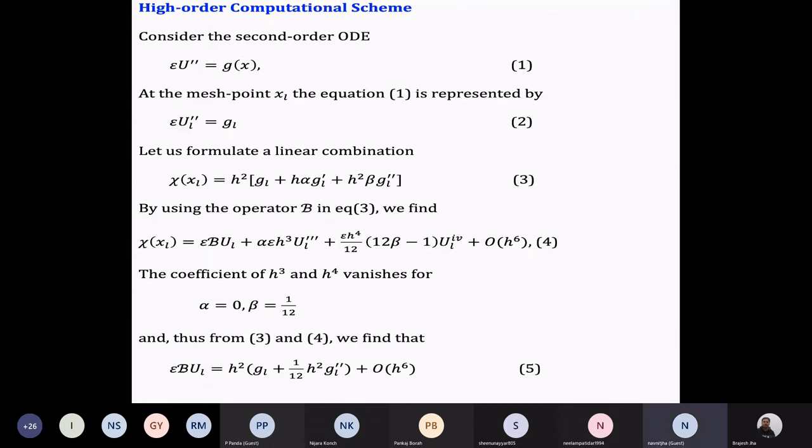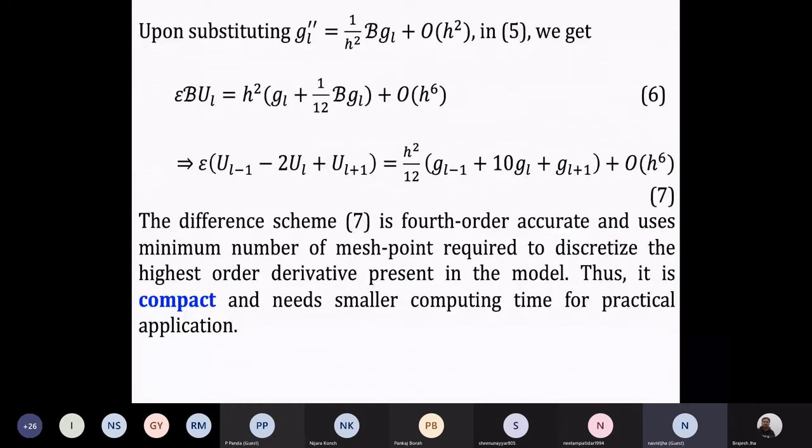So, substituting this g double derivative, it is 1 by h square B gl plus order h square. This is the formula: operator B, when applied on g, gives you the second derivative of g. So use this in the previous relation, and you finally get this scheme, equation 7.